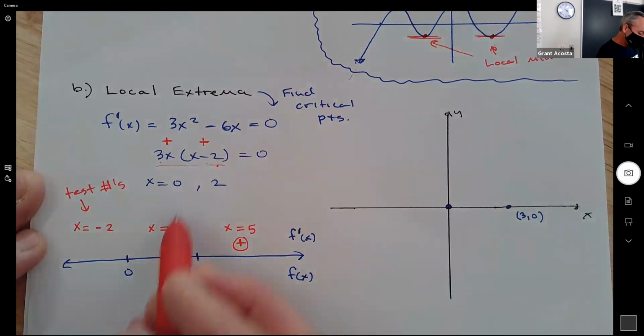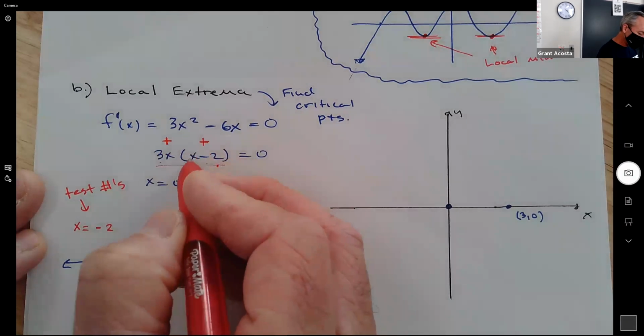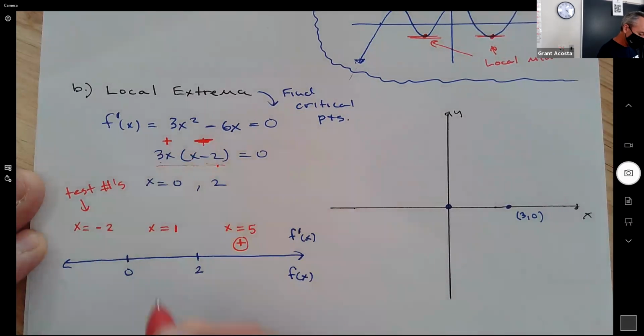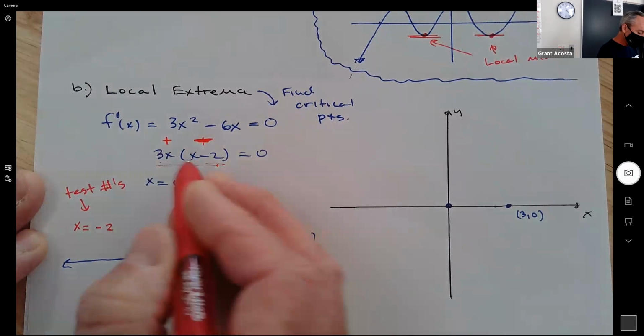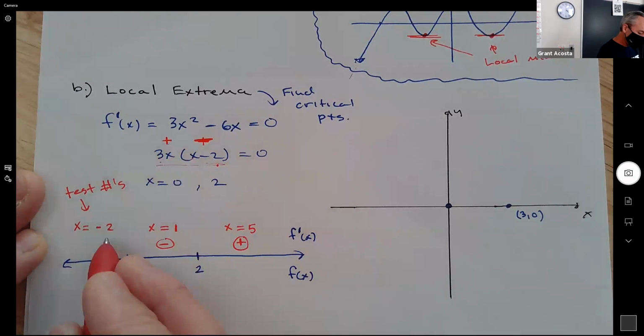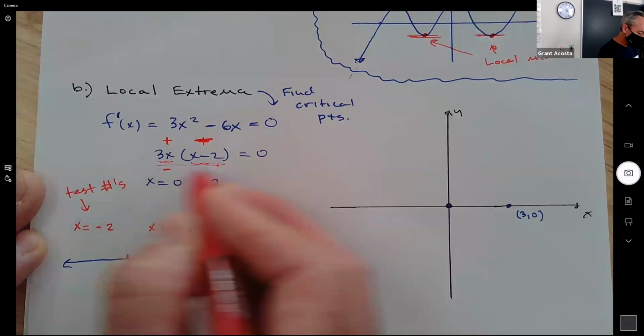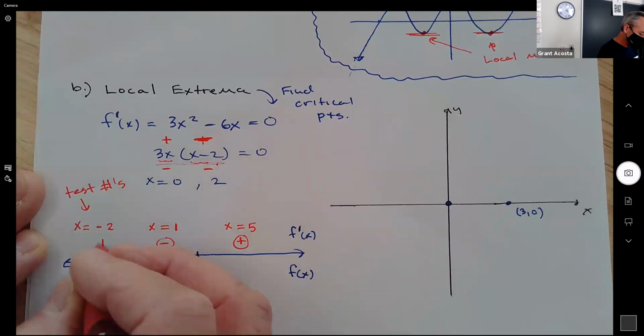If x is 1, this is going to be positive, but 1 minus 2 is now negative. A positive times a negative gives me a negative. And if x was -2, this will be negative, this will be negative. So you have a negative times a negative, which is back to being a positive.